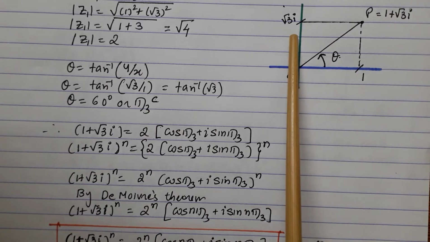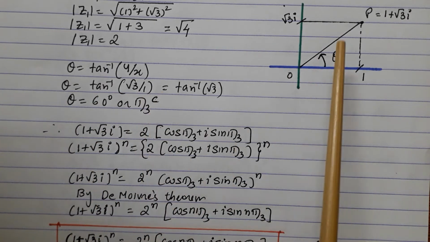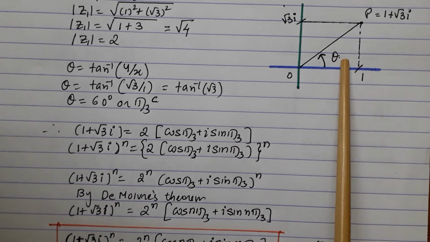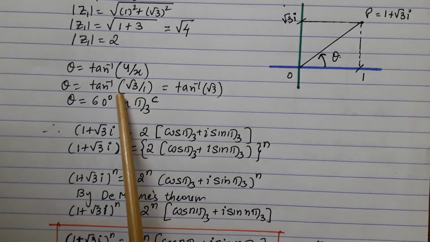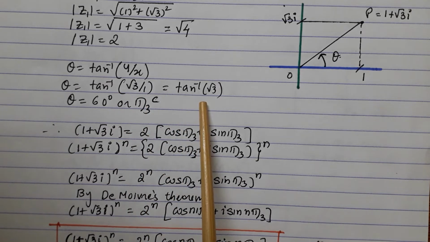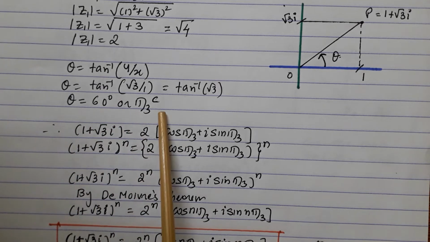X is 1, y is √3. So theta is tan inverse √3 by 1. Since the complex number is in quadrant 1, theta is positive. So theta is tan inverse √3. Therefore theta is 60 degrees or π/3 radian.